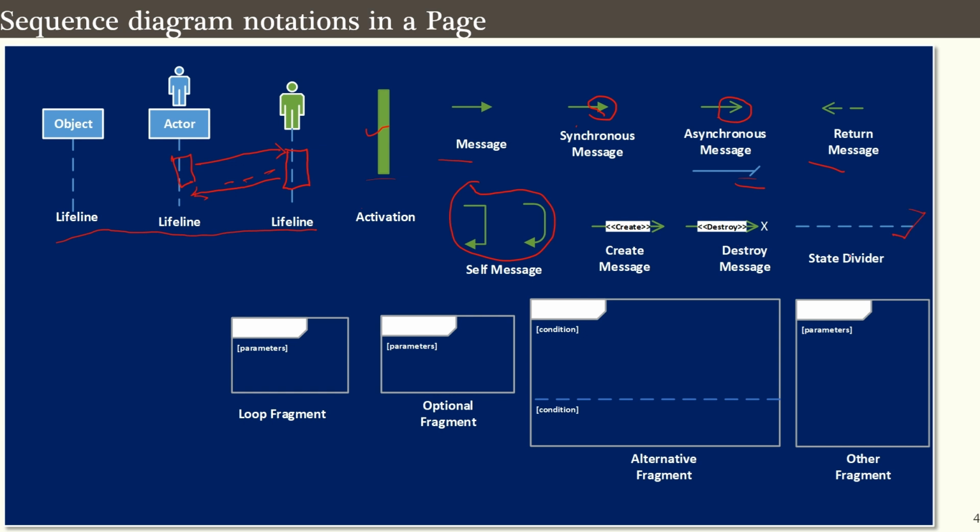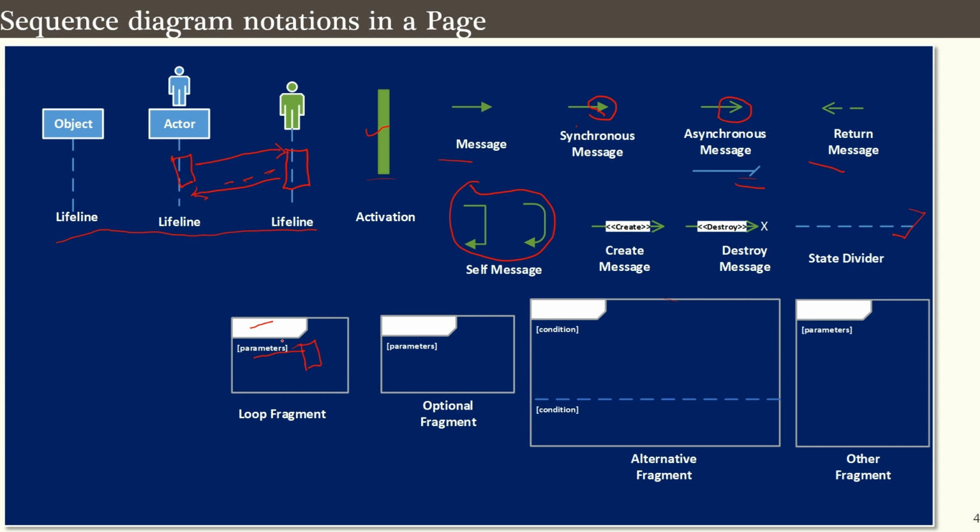That's called state divider. Well, sequence of events can be grouped together, and that can be denoted in a common box, something like this. And the first form is called loop fragment. Here you can mention the condition and the parameter associated, and you can have sequence of events specified under this particular box.